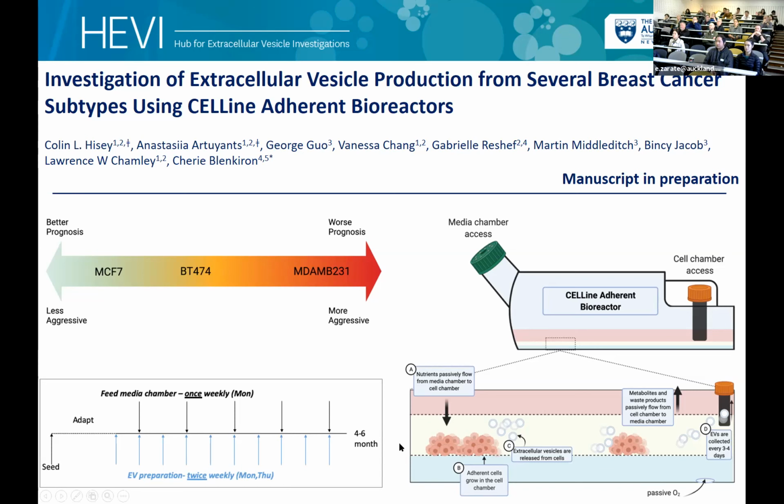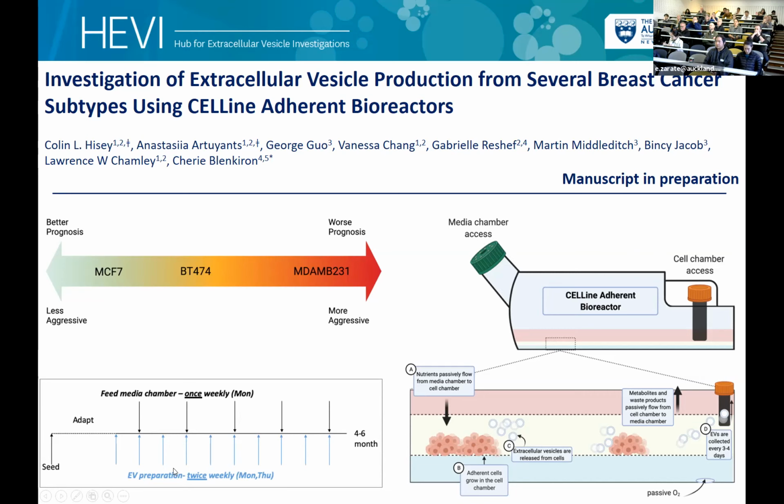Because the system is closed and we can't directly assess what's happening inside, we thought that maybe by characterizing the vesicles, we would be able to tell about the health of the system itself. We were feeding our bioreactor once a week, and the feeding cycle is shown here. And we were collecting vesicles twice a week.